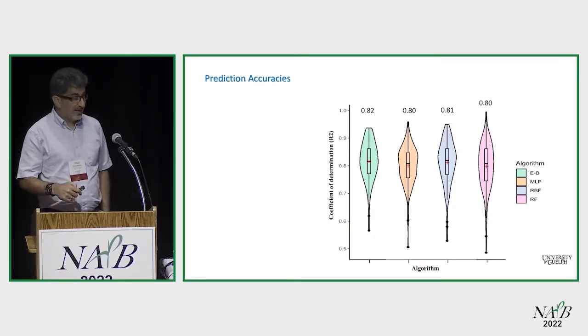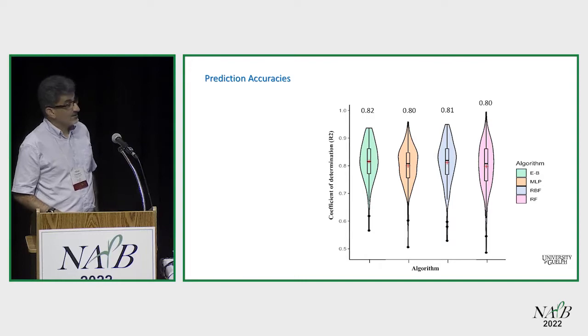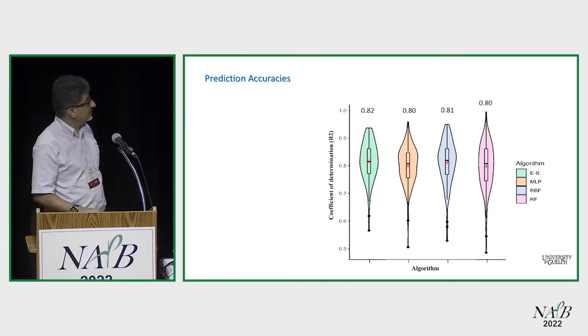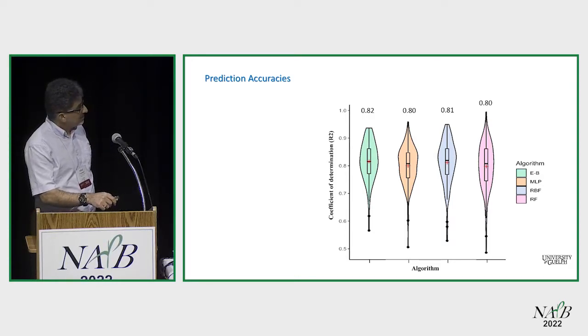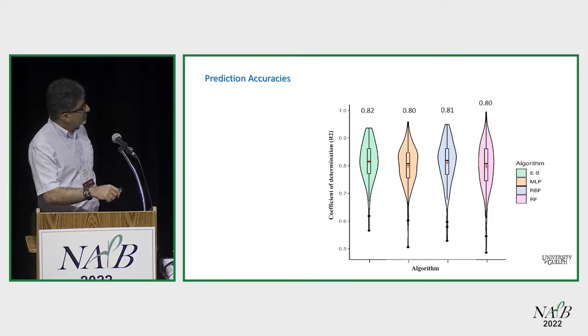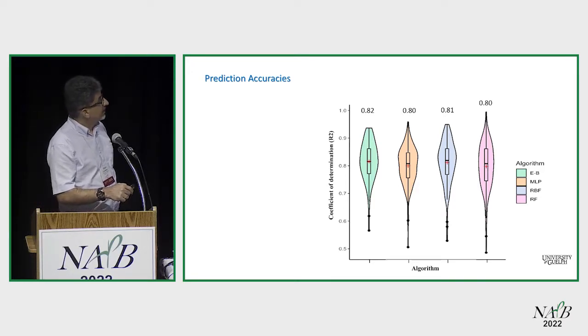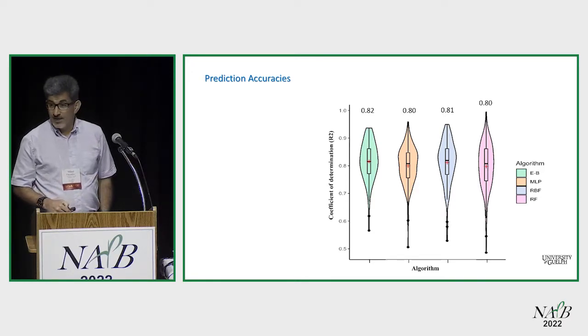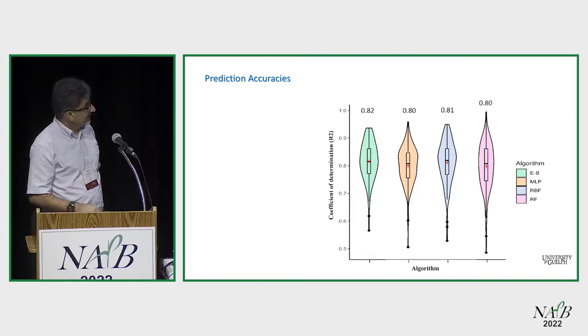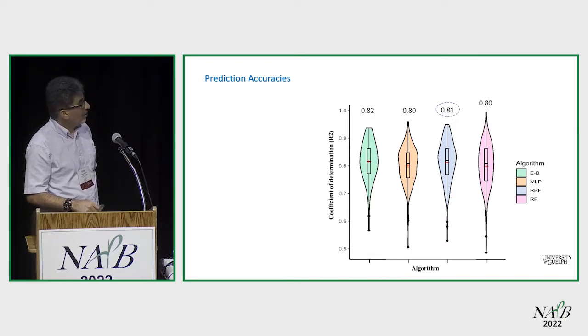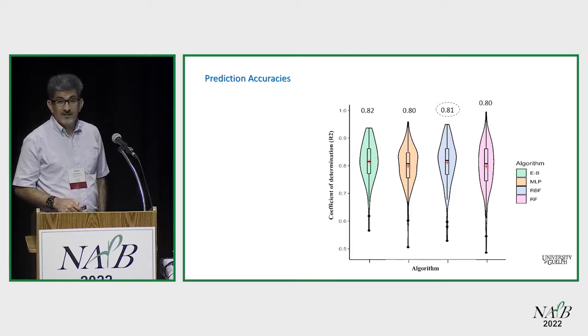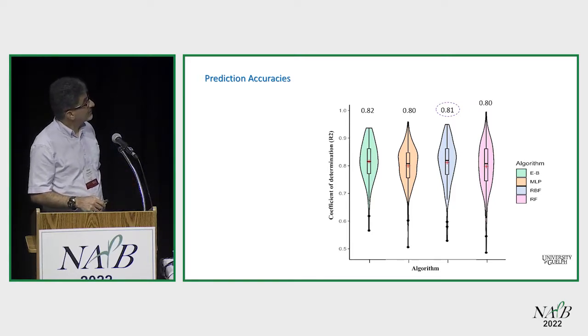Having said that, let's take a look at the accuracy of prediction using those machine learning models. These three are the individual machine learning models. We use the coefficient of determination, R square, as an indicator of accuracy. As you can see, RBF with 81% R square is slightly better than RF and MLP.